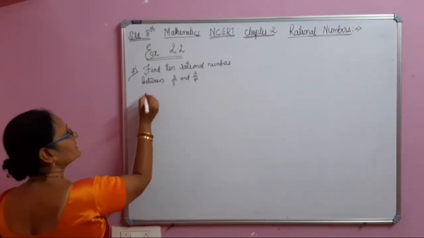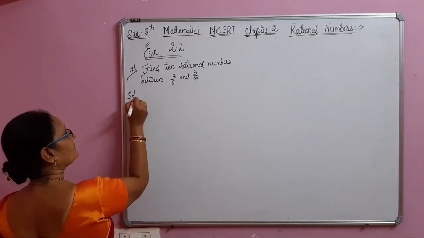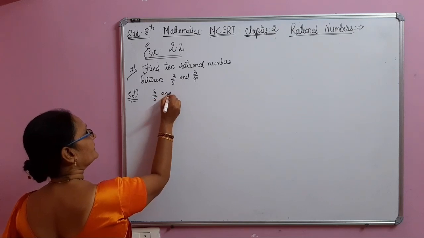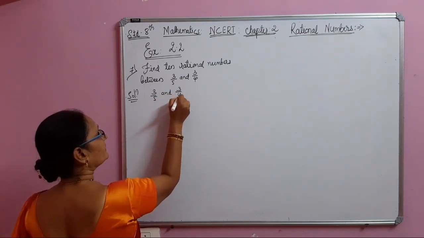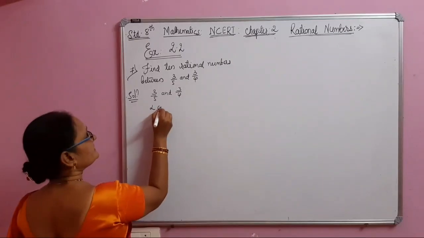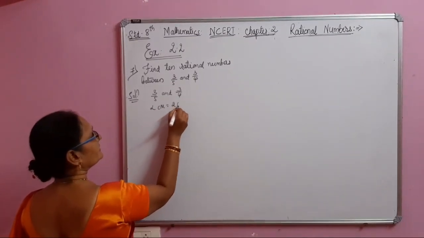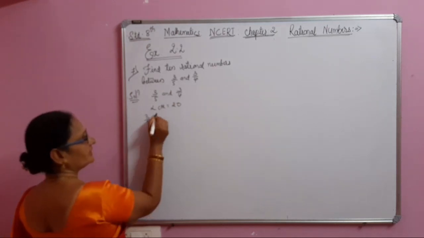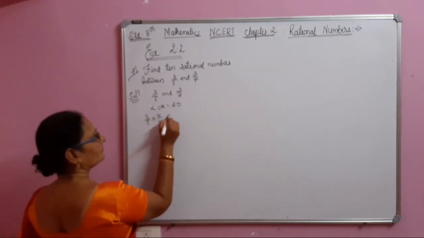Again you have to take the LCM. What is the LCM? 20. So 3 by 5, how to make this 20? By multiplying by 4 by 4.